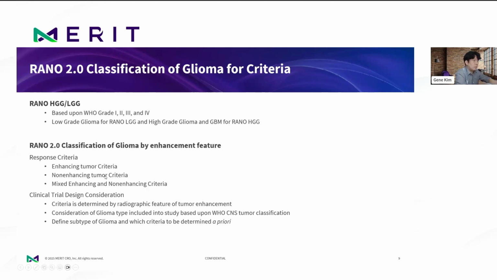So these are the three main criteria that are specified in RANO 2.0, and this is actually a consideration of that tumor classification update, not only based upon histology, but also these molecular profiles and whether these CNS tumors have a better or worse prognosis based upon those molecular profiles, so these criteria are three different types that are specified in 2.0.